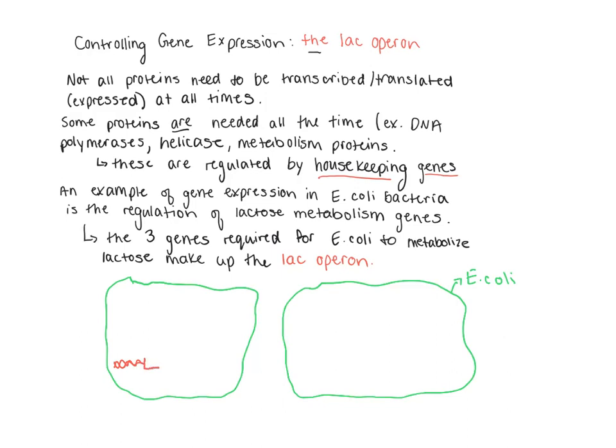And then remembering that genes are just a chunk of DNA, these are going to be our 3 genes that need to be expressed in order to break down the lactose. So if we have 2 cells, and this first cell has these little molecules in it, which we will label as lactose.